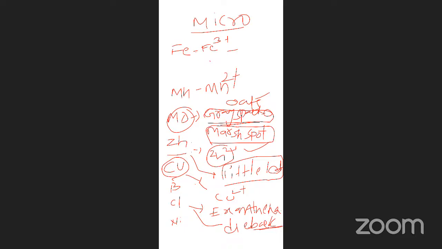Boron is absorbed as BO3 3 minus. It is involved in pollen germination, cell elongation, cell differentiation, and carbohydrate translocation. A deficiency of boron causes heart rot of sugar beet.